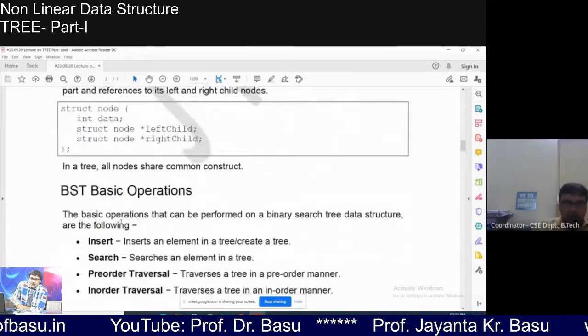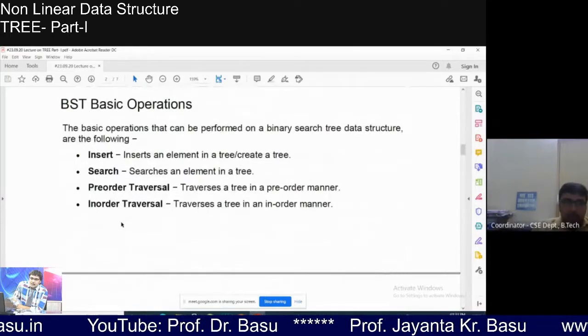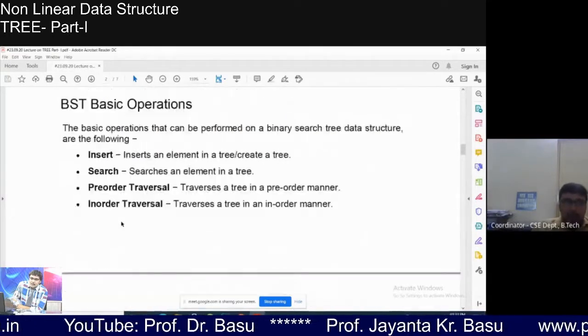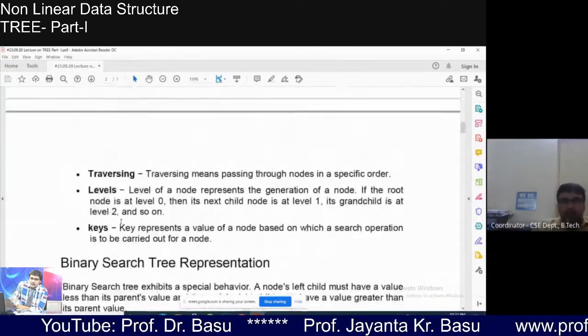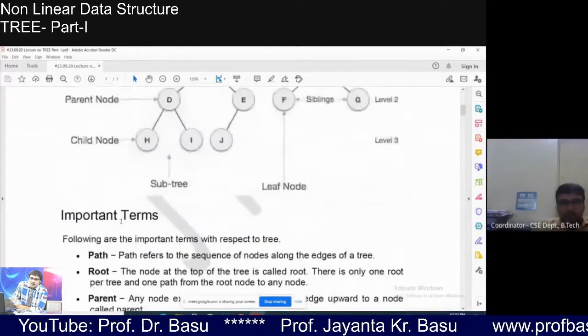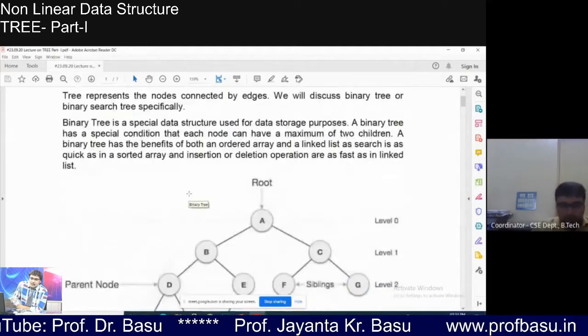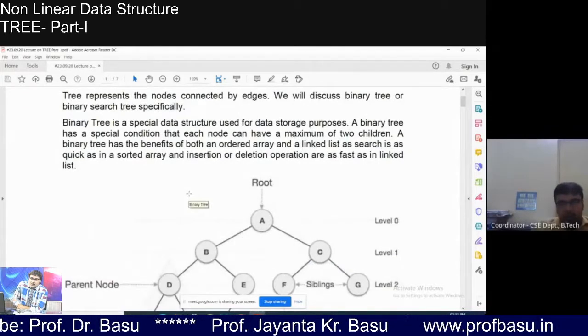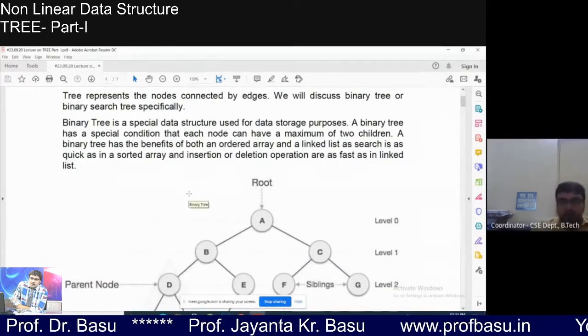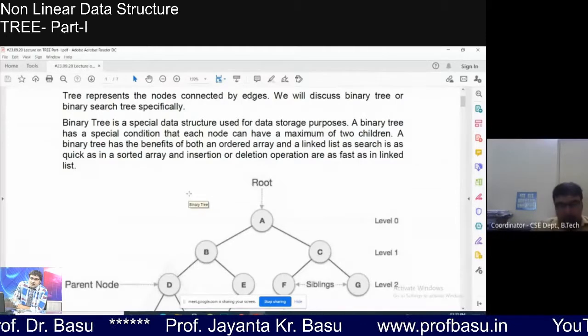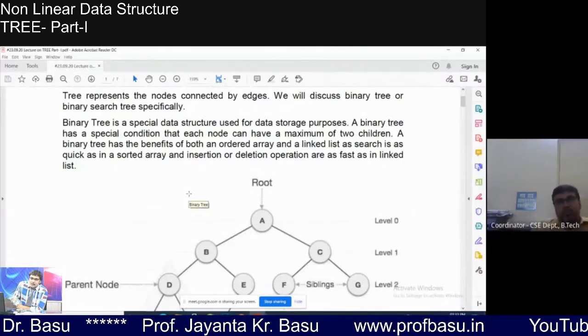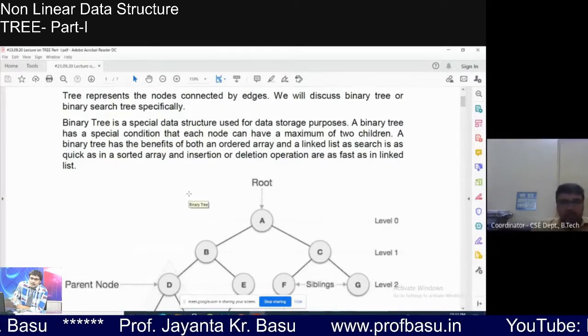And we have to study the basic operations. Another main thing, after we study the different characteristics, different types, there are so many types of binary tree. In the next class I will discuss them: almost binary tree, complete binary tree, almost complete binary tree. I will give the definitions to you.